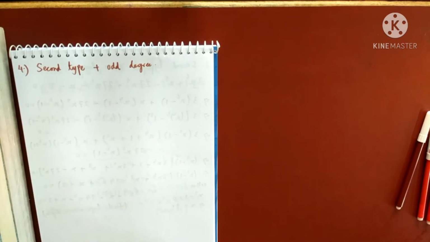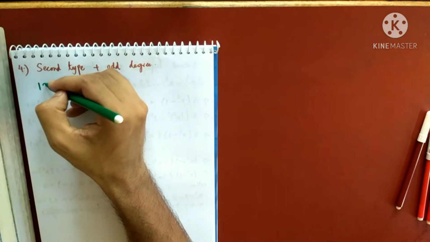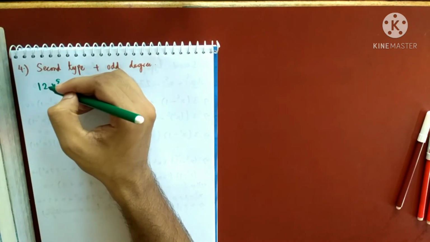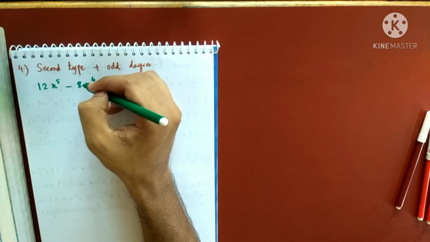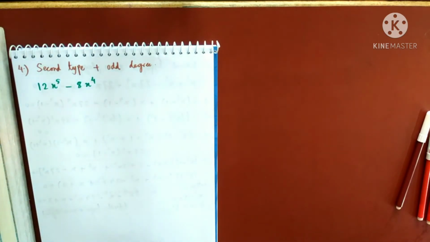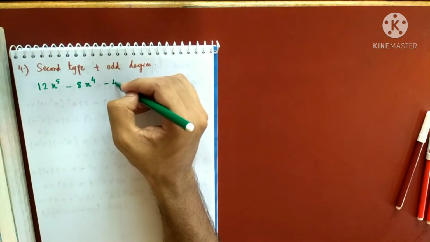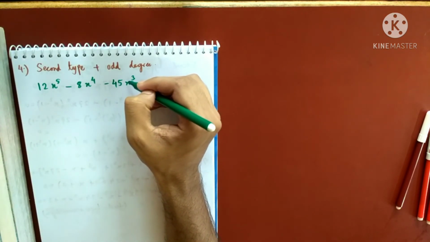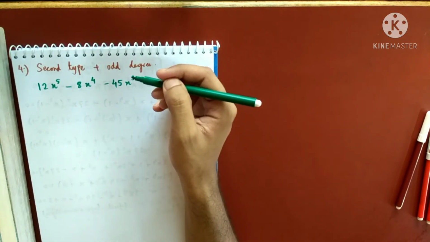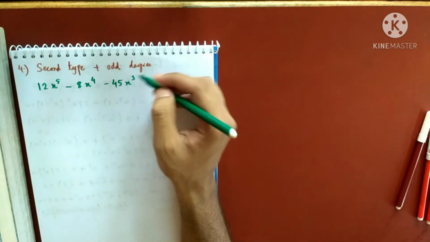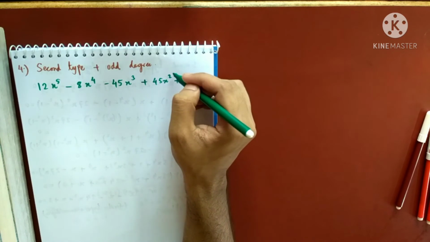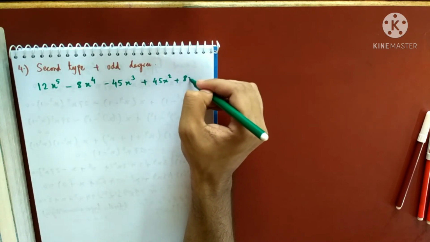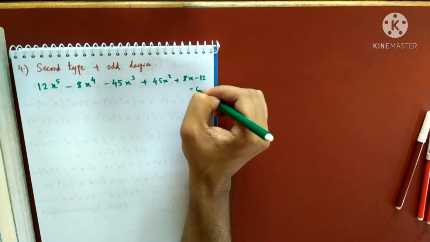So suppose I have this equation: 12x to the power 5 minus 8x to the power 4 minus 45x cube plus 45x square plus 8x minus 12 equals 0.